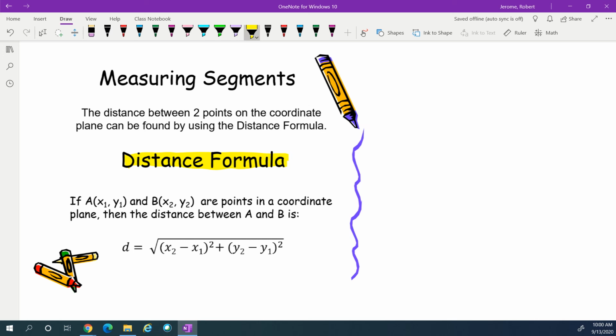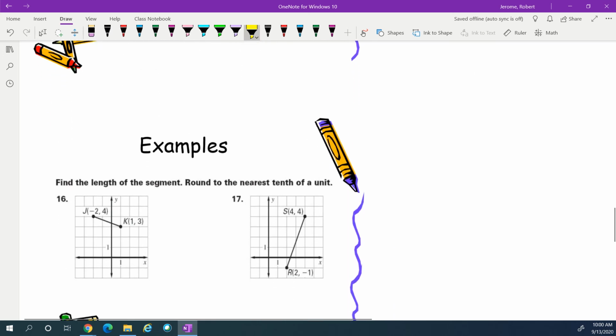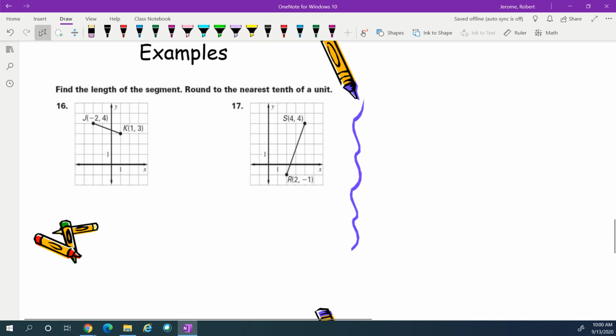So we're going to do the same thing. We're going to identify the two endpoints. We're going to get their ordered pairs, and we're just going to plug it in and follow PEMDAS. So let's look at an example. Let's do number 17.